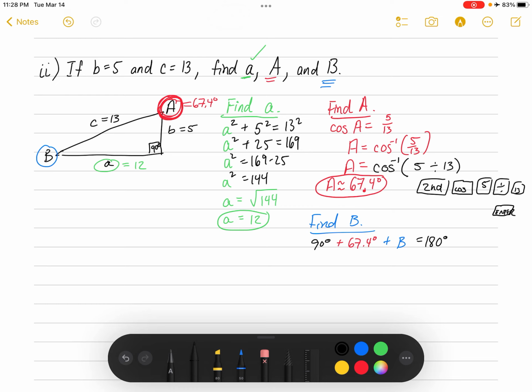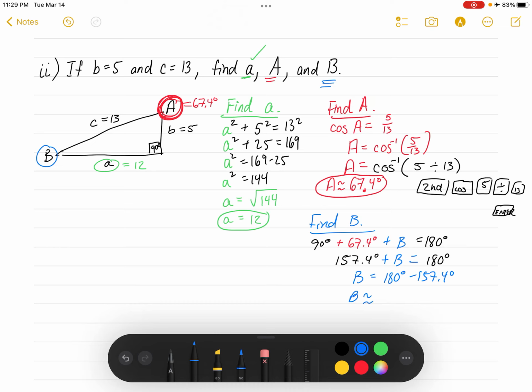So we're going to take 90 plus 67.4 and get 157.4, plus B equals 180. So B, I'm going to subtract 157.4 from both sides. I'm going to get 180 minus 157.4 is B. So B is approximately this.